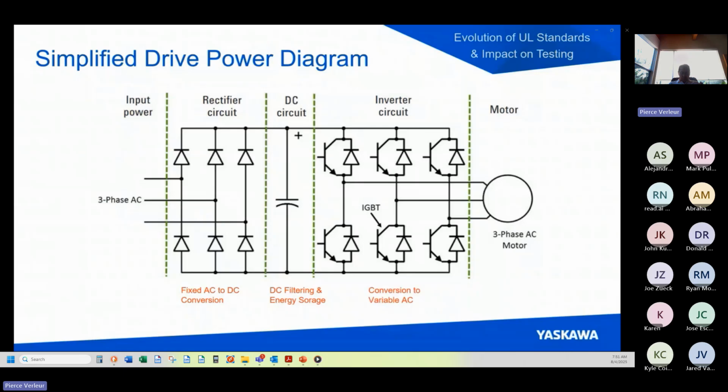And the last section is chopping up the DC bus back into variable AC to control the motor. We're going to focus our discussion for the moment just on the DC bus section. I'm showing a single capacitor there, but often there are multiple capacitors in series and parallel combinations.